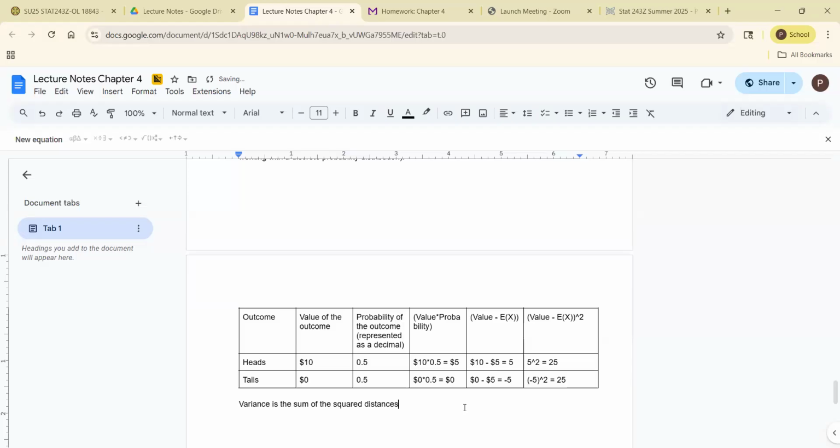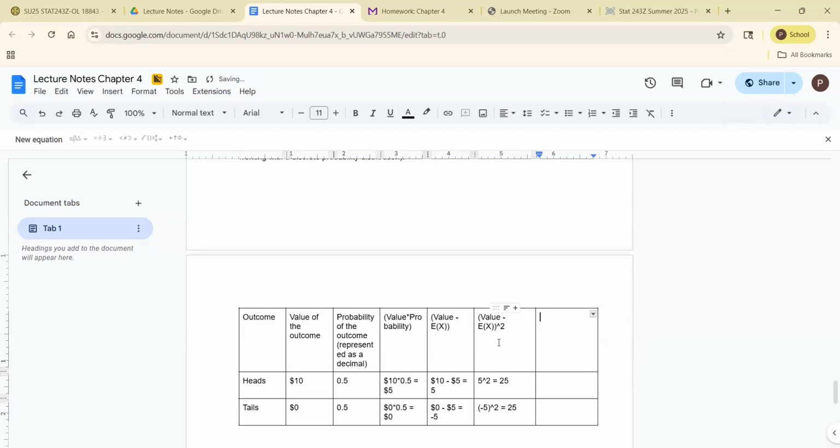Oh, no, not quite. Sorry, missed a step. All right, we have to do one more step, which is we take all these values, call these the sum of squared distances. I need to use that abbreviation. The last thing we're going to do is we're going to take the sum of the squared differences times each of their probabilities.